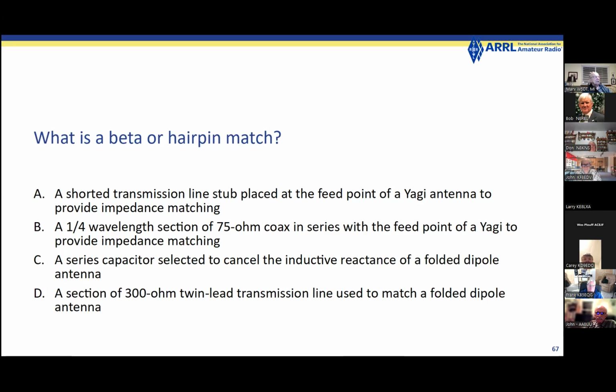A section of 300 ohm twin lead transmission line used to match a folded dipole antenna. Well, we know it's got to be A or B. I'll take a guess at Alpha. Yes, Alpha, shortened transmission line stub.